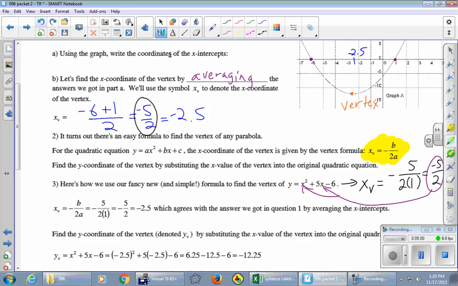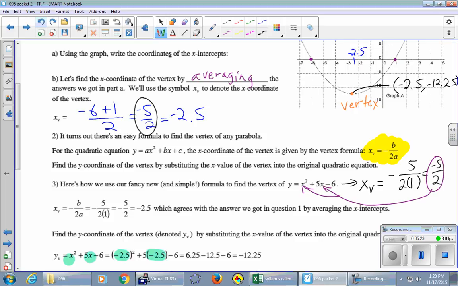Both x's, highlight them. x and x both become -2.5. And then we just do arithmetic. And we get the y-coordinate is -12.25. Just typing it into the calculator. Does that look reasonable according to the picture? This guy here turned out to be at -2.5, comma, -12.25. That agrees with the picture, right?